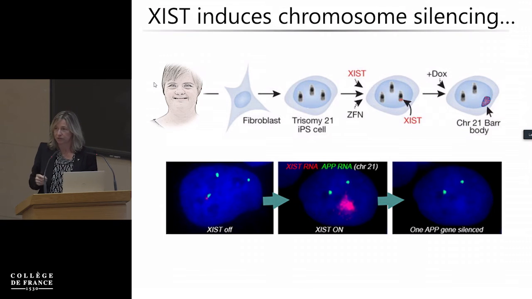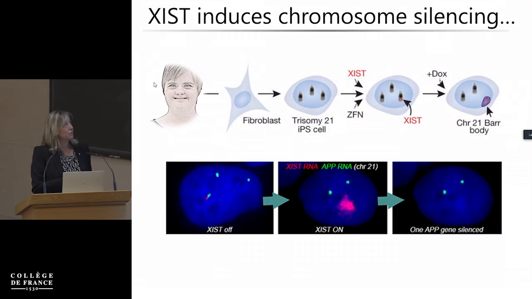So now we're not talking about regulation of GXIST, but really its function. And if you introduce GXIST into one of the three chromosome 21, and if you force the expression of this GXIST cDNA transgene, you end up with an accumulation of GXIST and the silencing of this chromosome, which has, of course, many potential therapeutic applications.